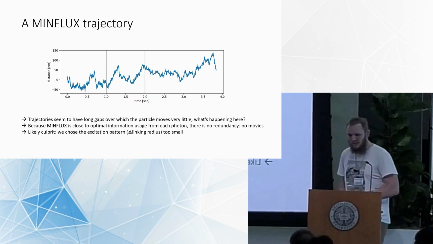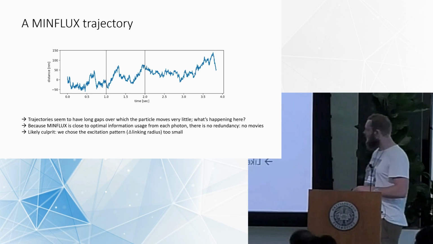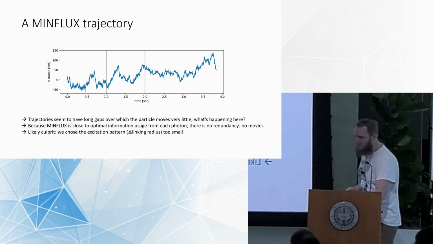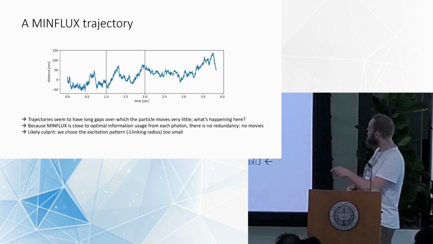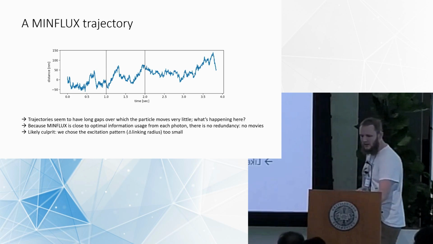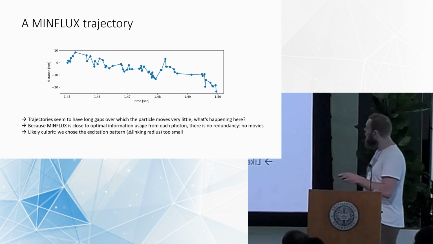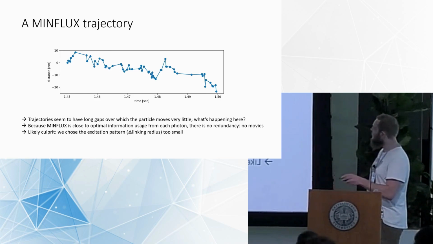So what does this data look like? Here's a trajectory where we tracked a single fluorophore attached to an H2B over about 4 seconds. And if we zoom into this a little bit, between the gray bars here, what we can see is these gaps.